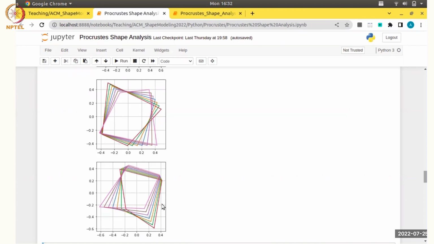That is the exact reason why scale shows up as a direction of variation. Let me explain it. So all of these landmark sets are unit size. So therefore, all of these belong to the surface of a hypersphere, right?